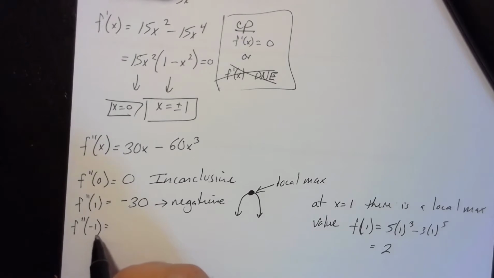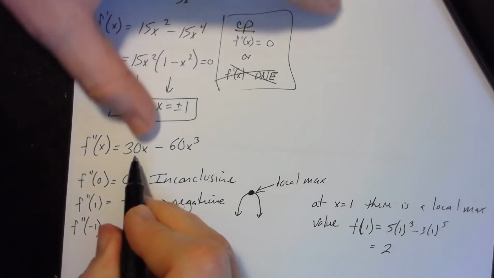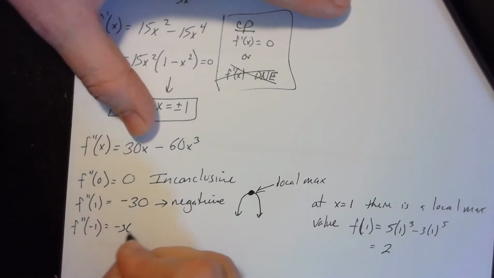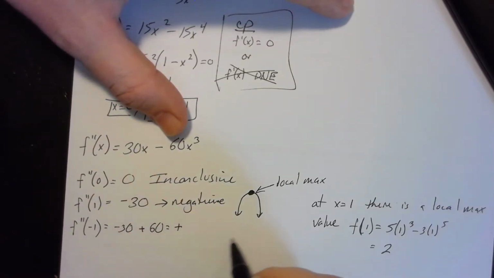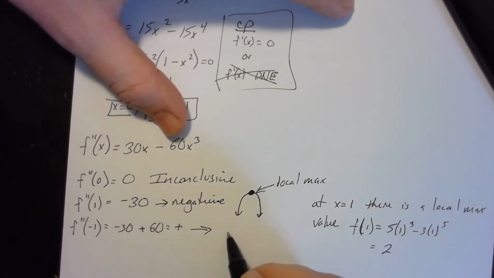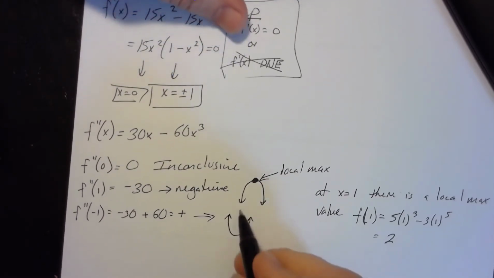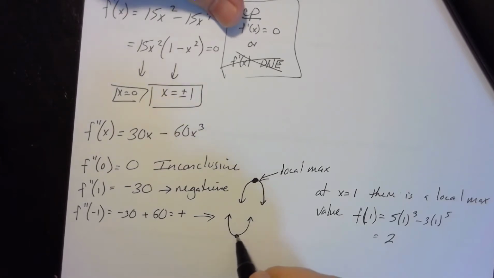I'm going to do the same thing with negative 1. I'm going to plug it into the second derivative, giving me a negative 30 plus a 60, which gives me a positive value. Therefore, based on that information, I have a concave up situation. A concave up situation provides me with a location right here where I can guarantee that I'm going to have a local minimum.